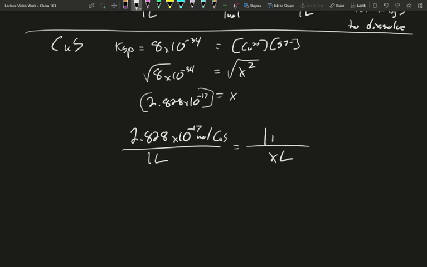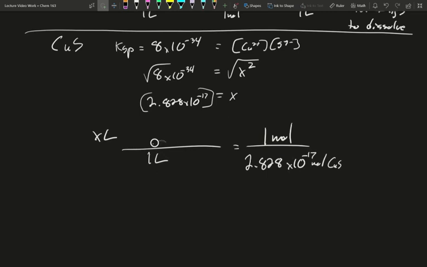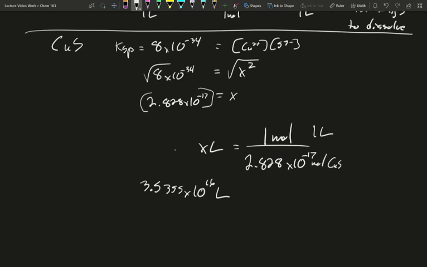And if we go all the way up to 1 mole, what volume will we need? We can rearrange the ratio to solve for what volume I would need to get 1 mole to dissolve if this is the number of moles in a single liter. Rearrange, solve for x, and we'll find 3.5355 times 10 to the 16 liters is required.